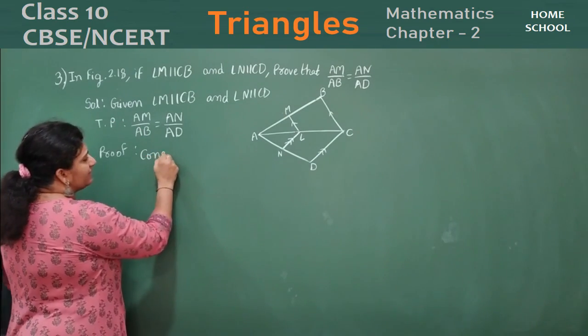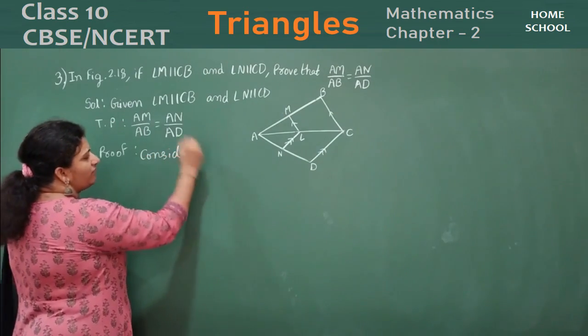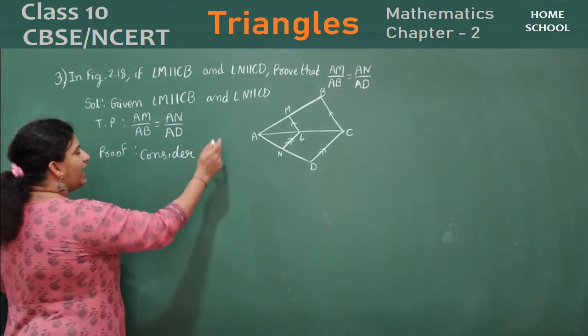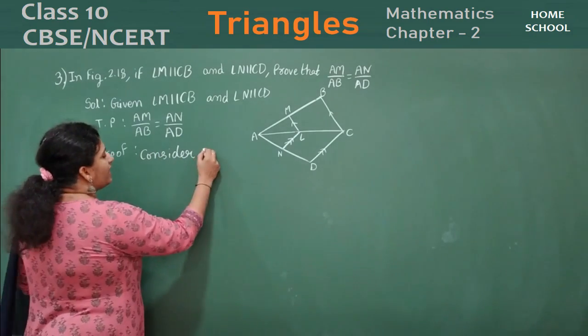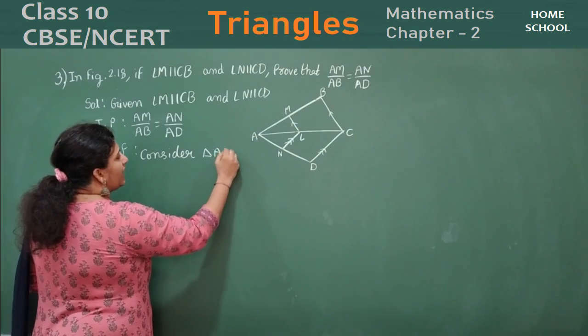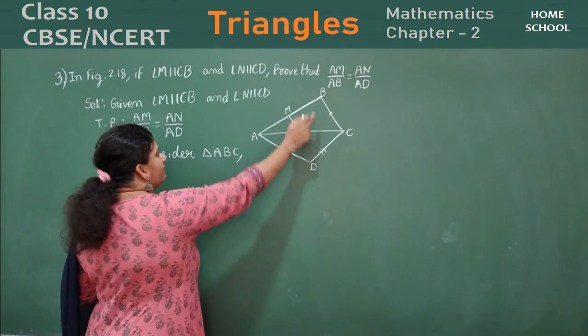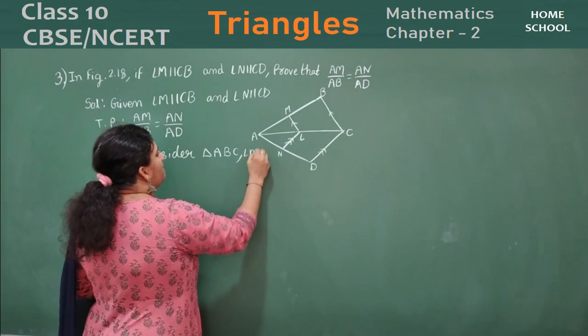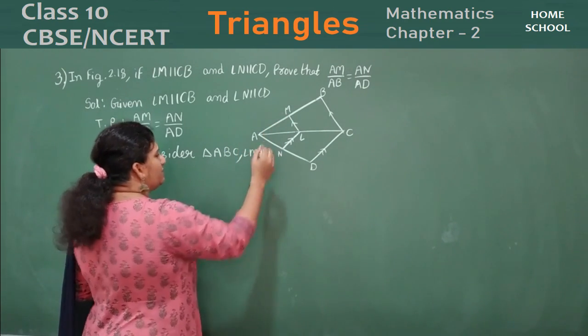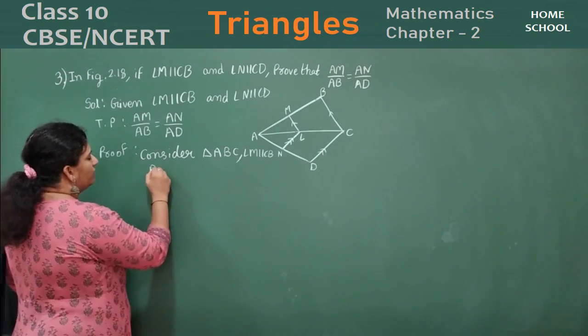So first let us consider, what do we need to consider here, children? Any one triangle you take. Consider triangle ABC. In this triangle, what did they give us? LM is parallel to CB. Okay.